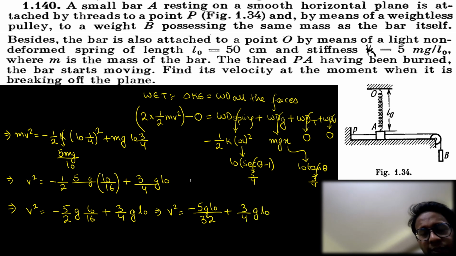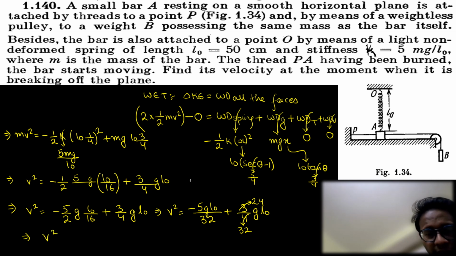Now the better way of adding these two is, the common denominator is 32, so I'll make this 32, and the numerator also has to be multiplied by 8. 8 times 3 is 24, so 24 by 32.